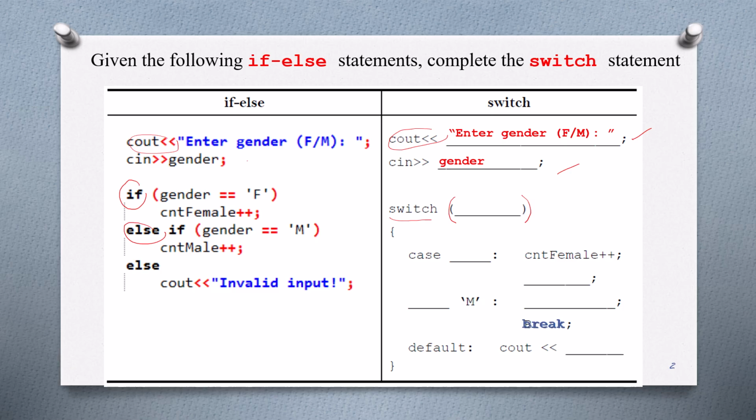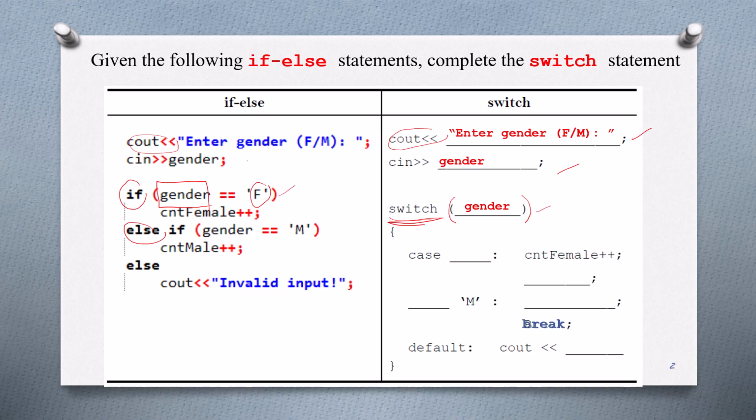So in this case you have a single value, f. You need to evaluate the value inside gender. So switch evaluates gender. If the gender value is equivalent to f, you're going to have values to fulfill the gender.